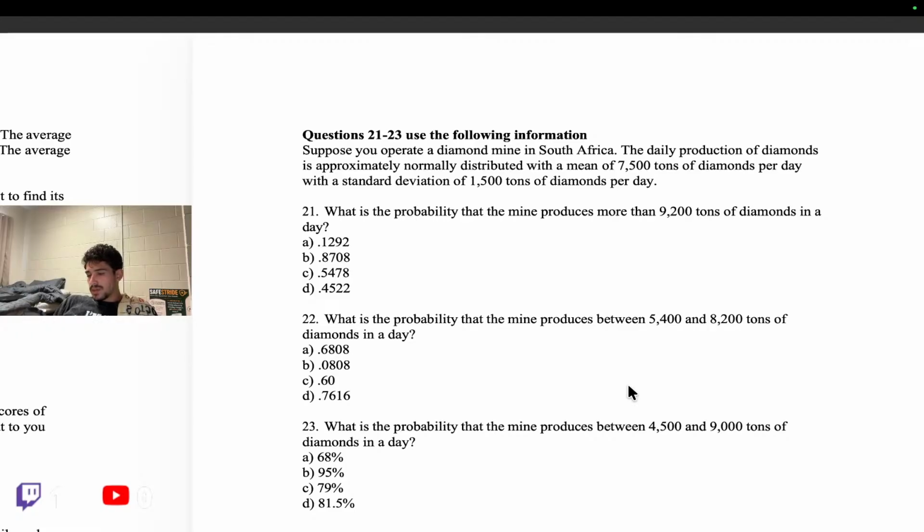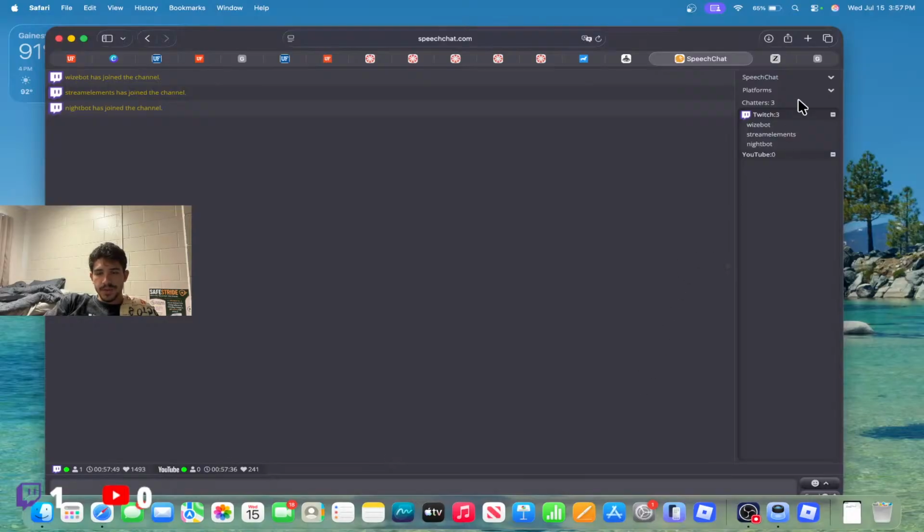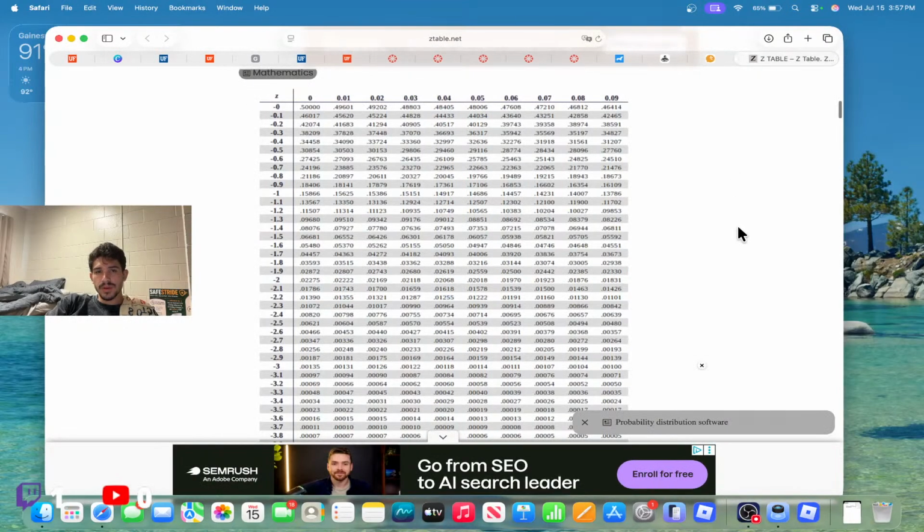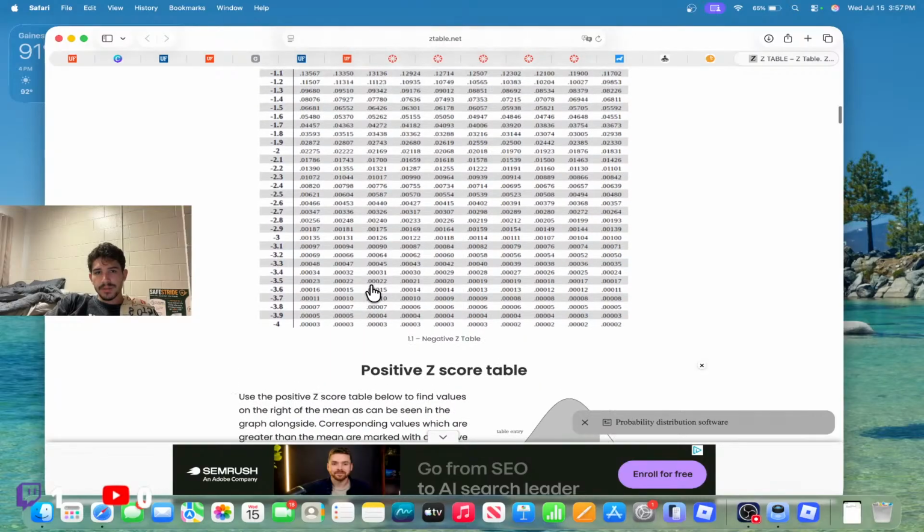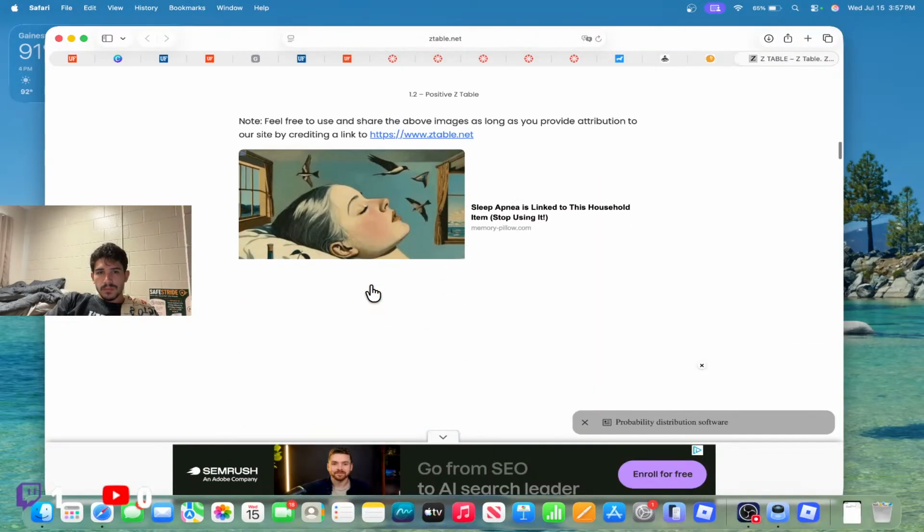So when we plug this in, we get a z-score of approximately 1.13. So now with that z-score, we can find out the area to the left of the curve at that point. So what we want to do is go here, 1.13.